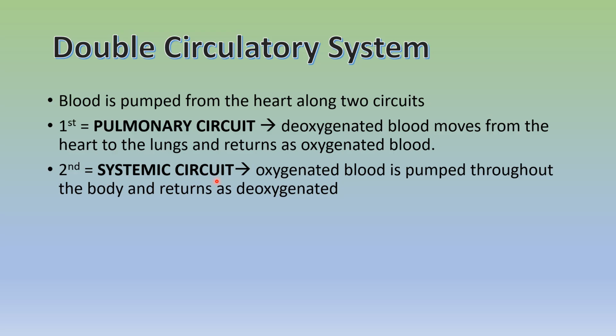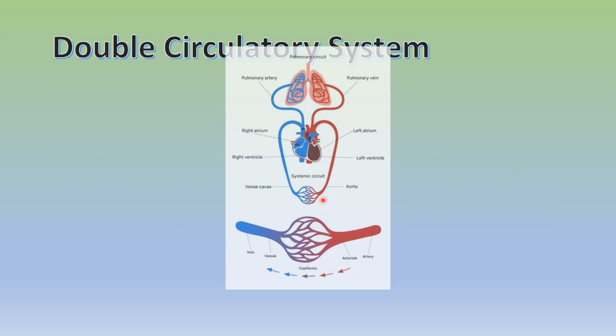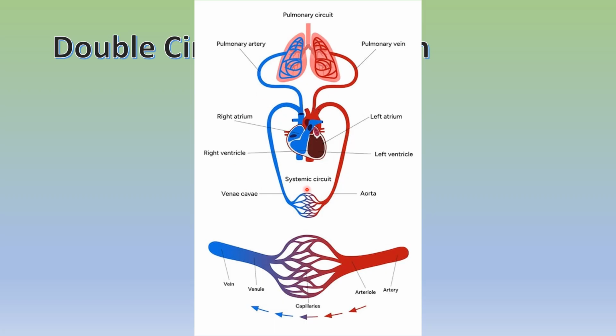In the systemic circuit, blood needs to travel to the entire body because it needs to give the body oxygen. Oxygenated blood is pumped throughout the body and returns as deoxygenated blood. Here you can see the heart, with blood going towards the lungs, which is my pulmonary circuit, and coming back towards the heart.